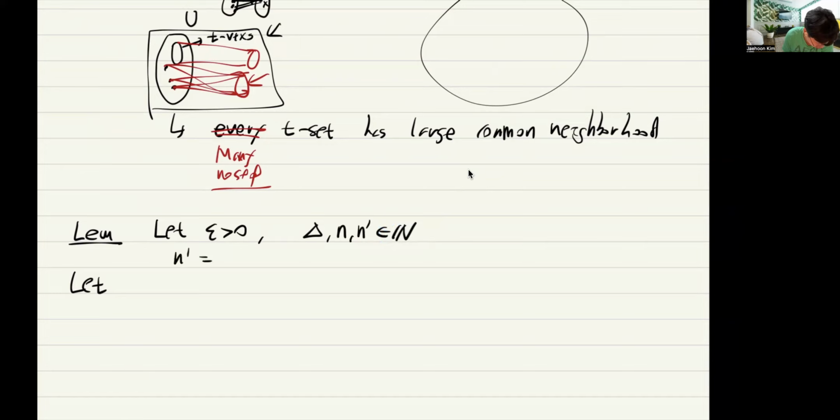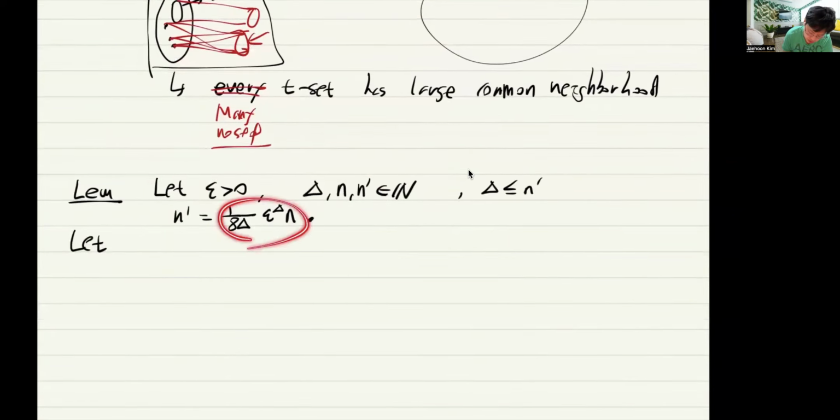And if n prime is 1 over 8 times (1 over 8 delta) times epsilon to the delta times n, and assume that delta is at most n prime. So assume you have these numbers satisfying this relation. Of course, you might think that this might not be an integer, but in that case, you just take a floor or ceiling accordingly. It's not too important. You just round as it makes sense.